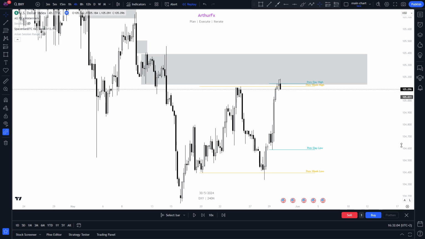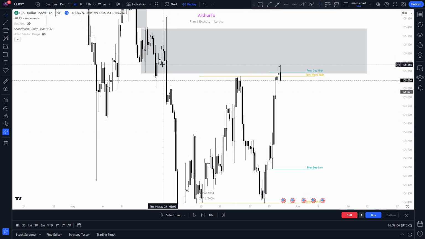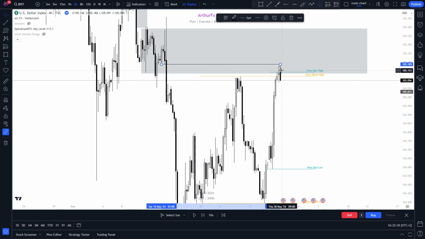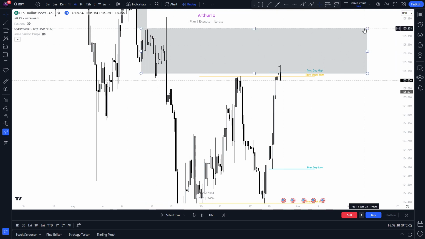I think there's a 4-hour order block here as well, which didn't get tapped by a couple ticks, but this whole area was fine to look for shorts.